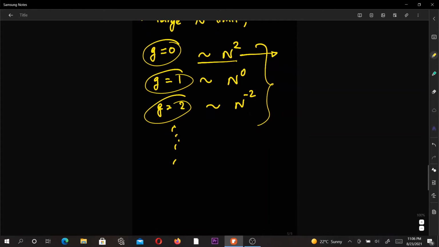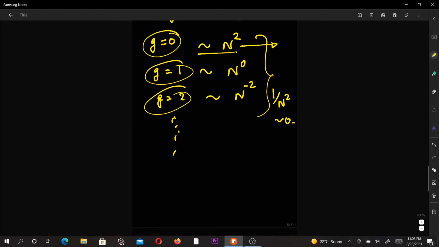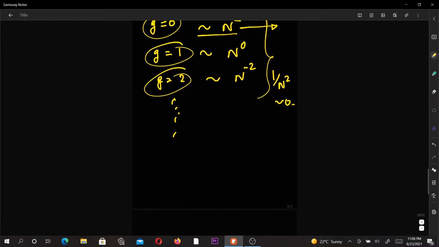That is because 1 over N squared, in the large N limit, goes to 0. So in the large N limit, the dominating term is just the genus 0 scenario.